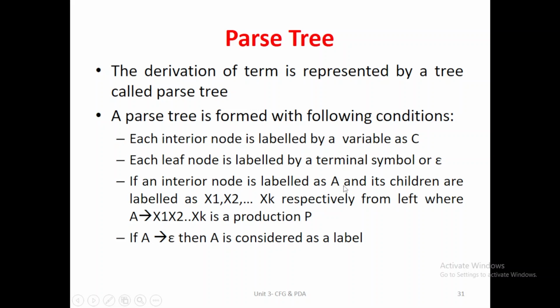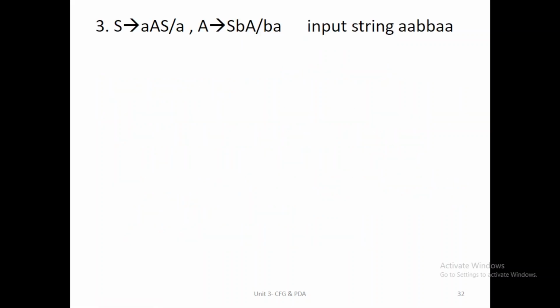This is the second condition. If an interior node has a non-terminal A, then it should have children x1, x2, ..., xk, where x1, x2, ..., xk are the right side of that particular non-terminal's production. So these are all the conditions for construction of a parse tree.